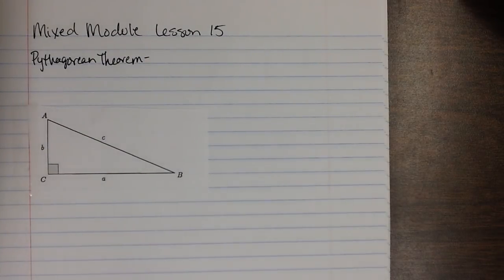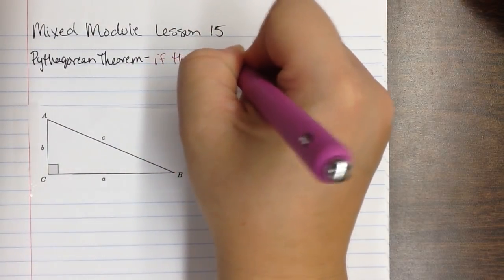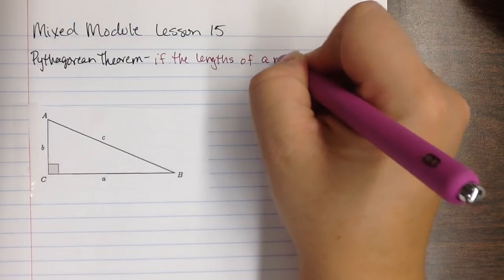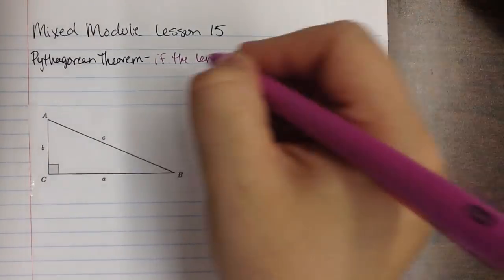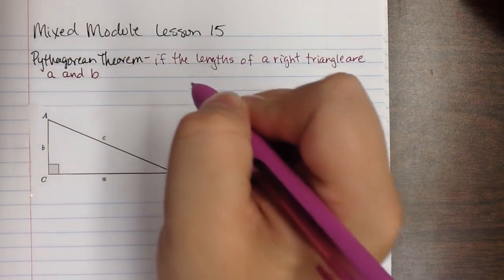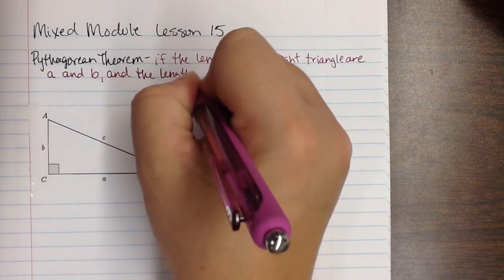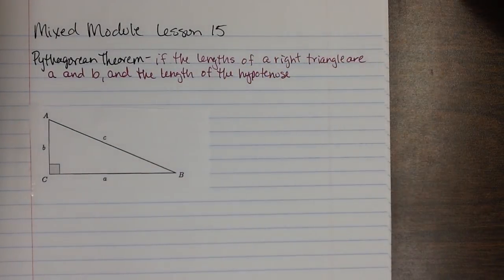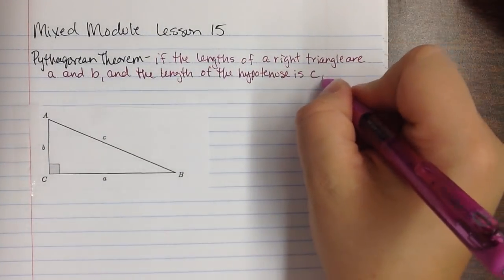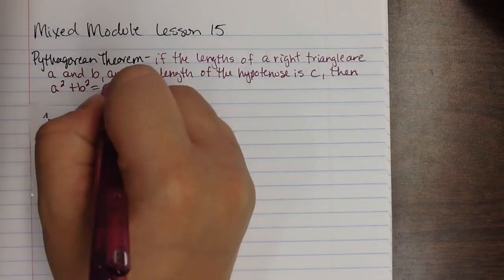Okay, so the Pythagorean theorem states: if the lengths of a right triangle are A and B, and the length of the hypotenuse is C, then A squared plus B squared equals C squared.